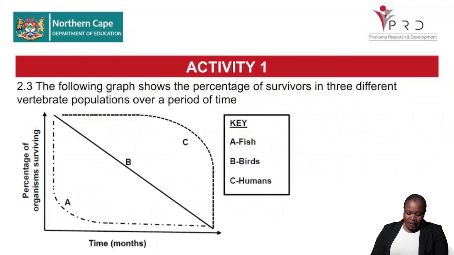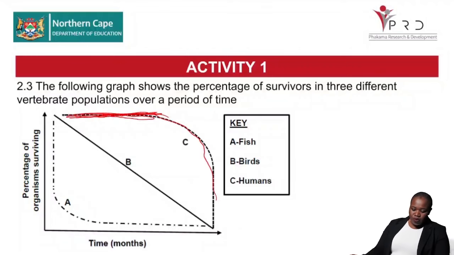And then as the time goes further and further, there is stabilization. And then with B, as time goes on, there is a decrease. With C, there is stableness, and then equilibrium, and then we can see a decrease as more time goes on. So at A, we have fish, B, we have birds, and C, we have humans.